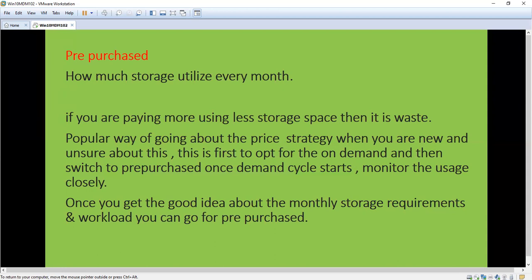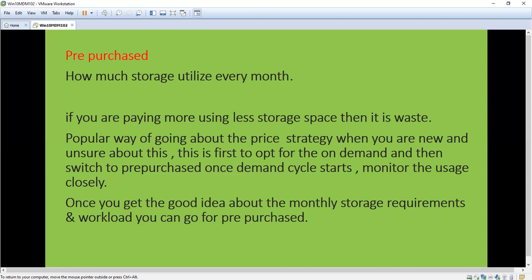The popular way of going about the price strategy when we are new, meaning for the first time if you are using Snowflake and you are unsure what the exact bill will be, the first and best option is to go for on demand. Normally we will get confused about which plan we have to choose, either pre-purchase or on demand.